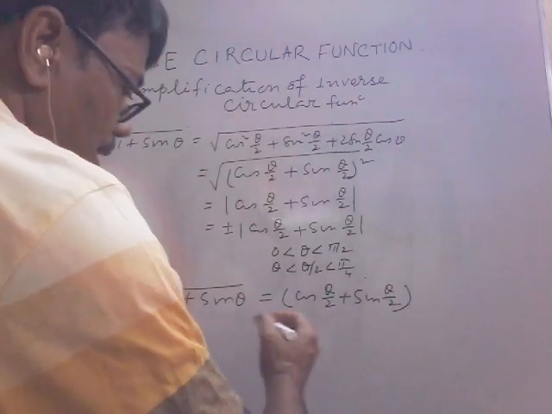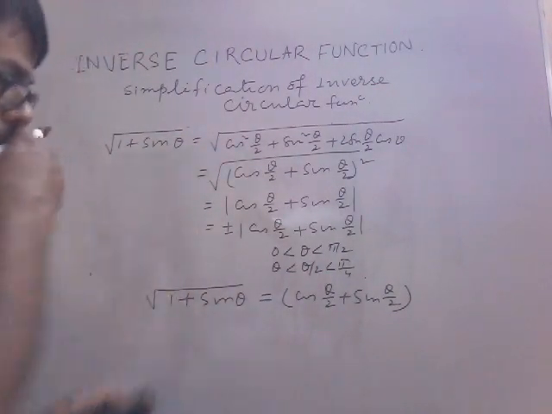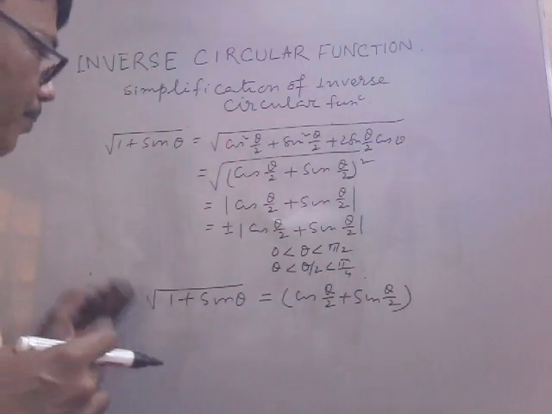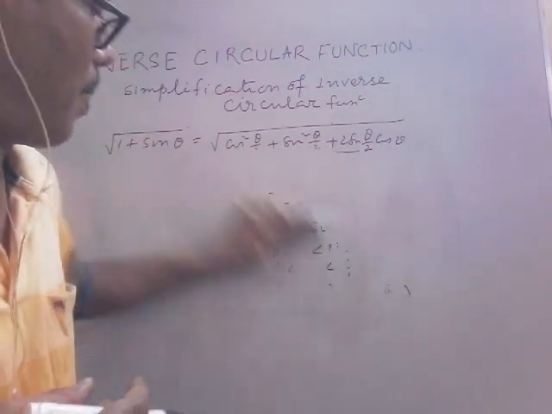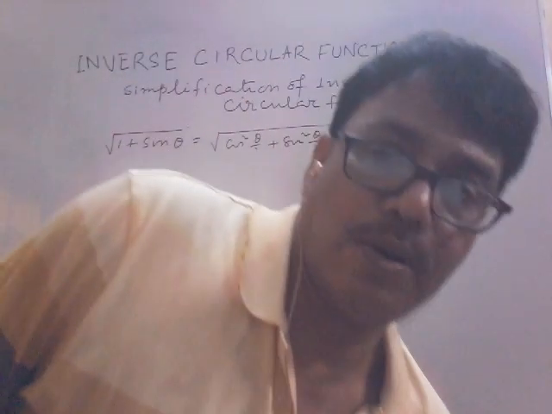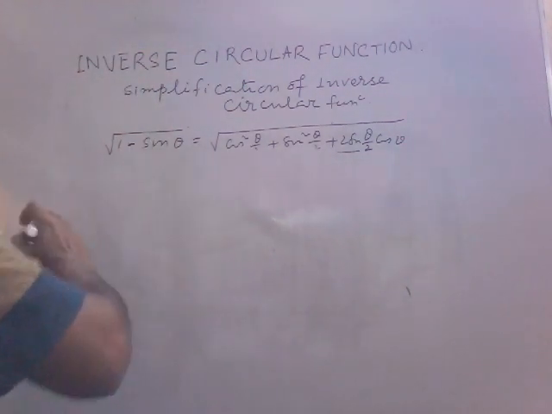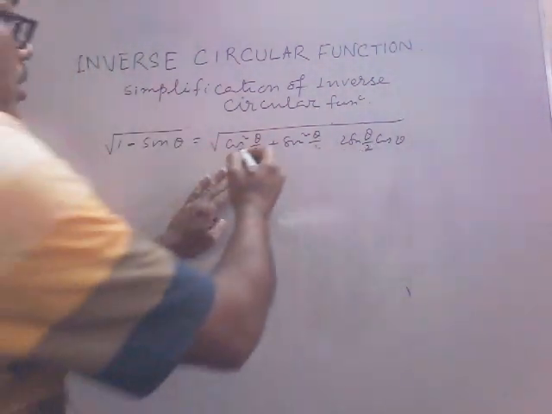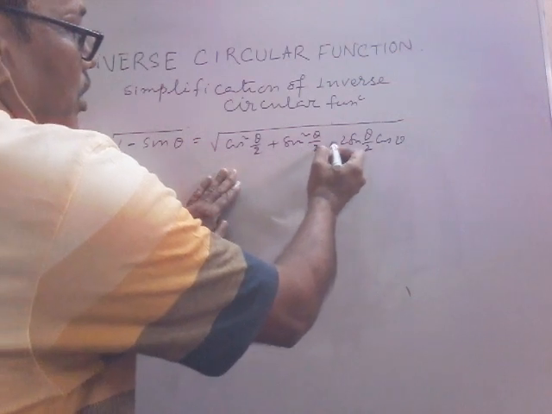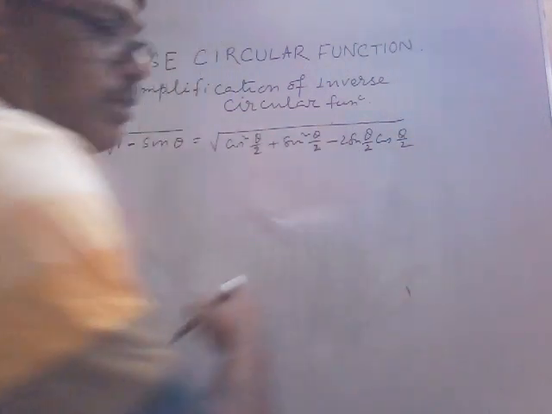But if restriction is given, look, root over 1 minus sin theta, similarly root over 1 minus sin theta equals to cos square theta by 2 plus sin square theta by 2 minus 2 sin theta by 2 cos theta by 2.